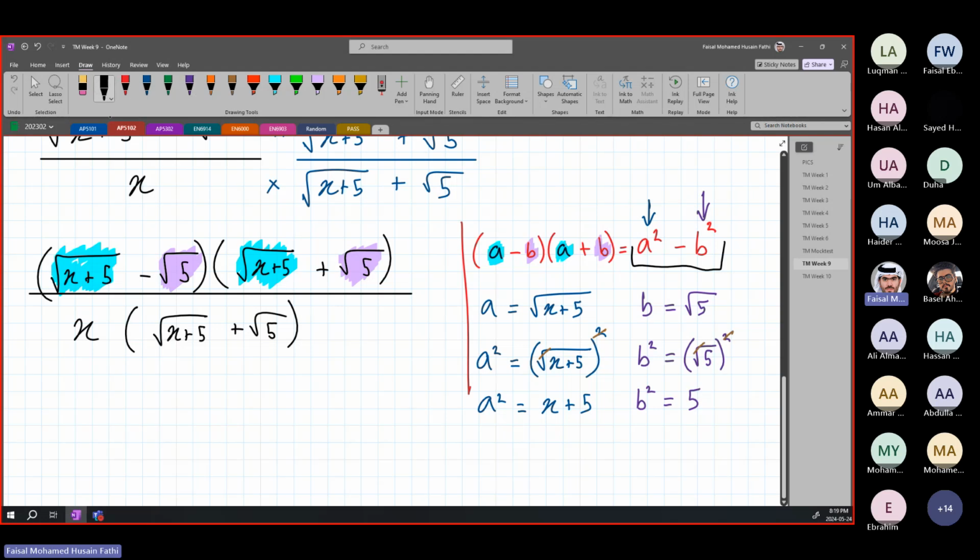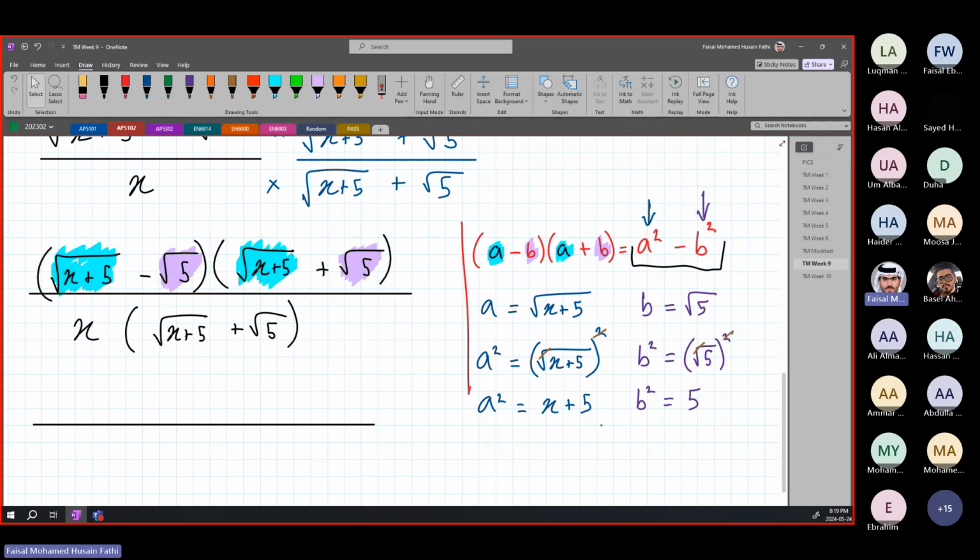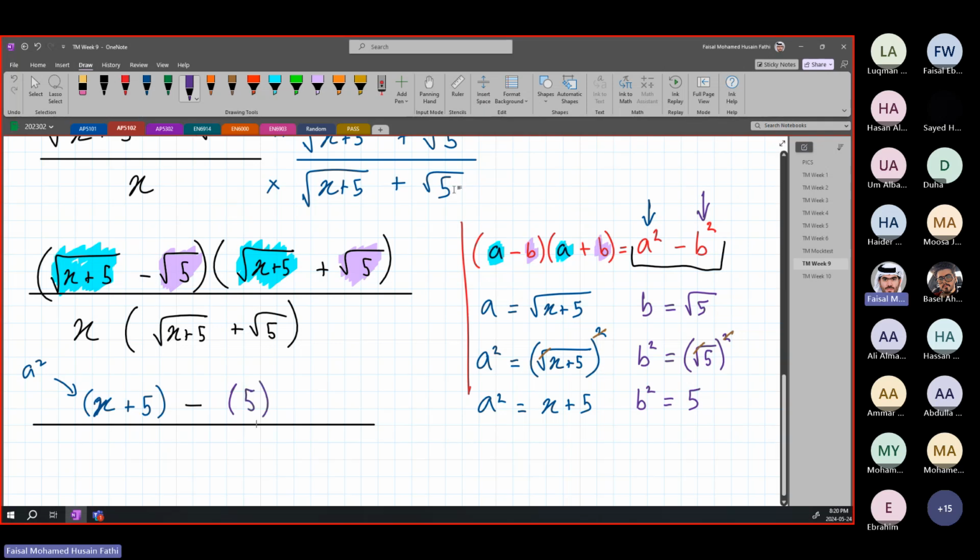Okay? So now if we want to simplify this whole part, all right, we are going to put our a squared minus b squared in its place. A squared is x plus 5. Okay, this is our a squared minus b squared, which is 5 that we found here.